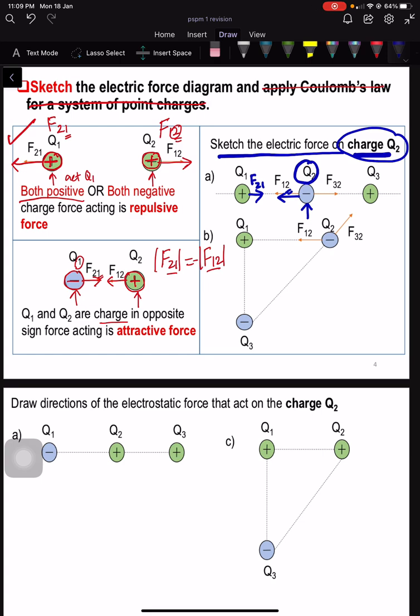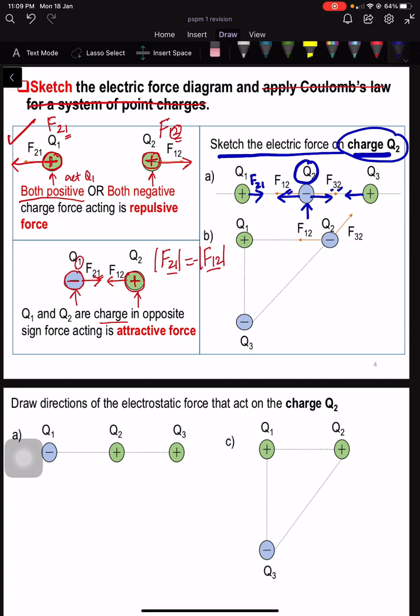So next, Q2 and Q3. What is the relationship between Q2 and Q3? Also an attractive force. So how do we name it? Here will be F32. Why F32? Because the test charge is 2, the point charge is 3. So the naming is F32, the force exerted by charge 3 on charge 2.